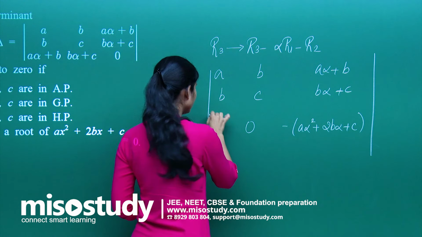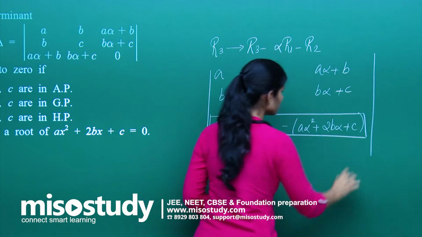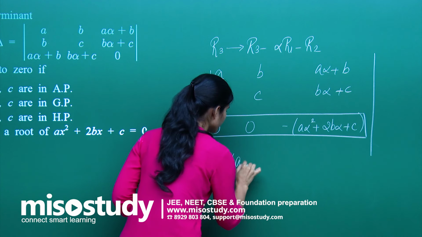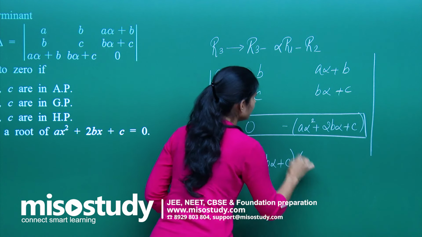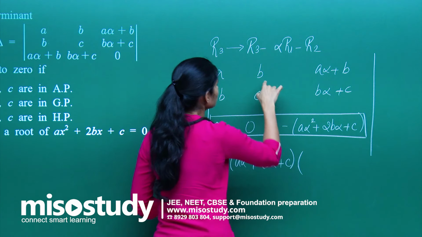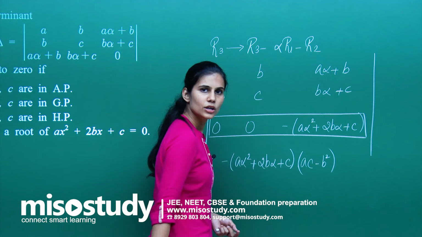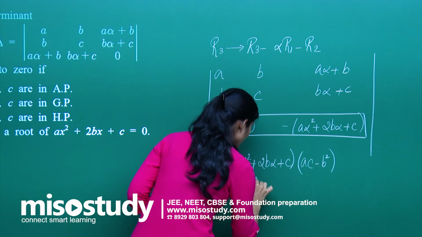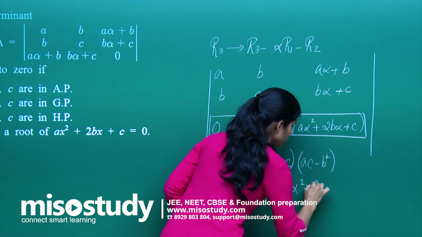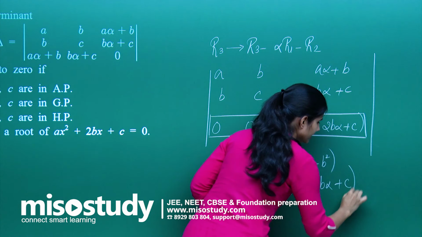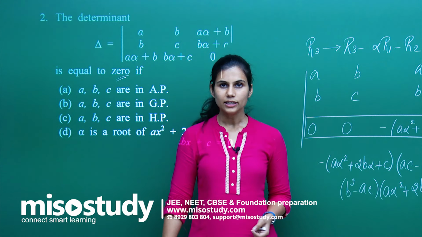Of course, you can expand this along the third row. When you do that, what do you get? You get minus of A alpha square plus 2B alpha plus C times AC minus B square. Or you can write this as B square minus AC into A alpha square plus 2B alpha plus C. This is the determinant, and the value of the determinant is given to be 0.